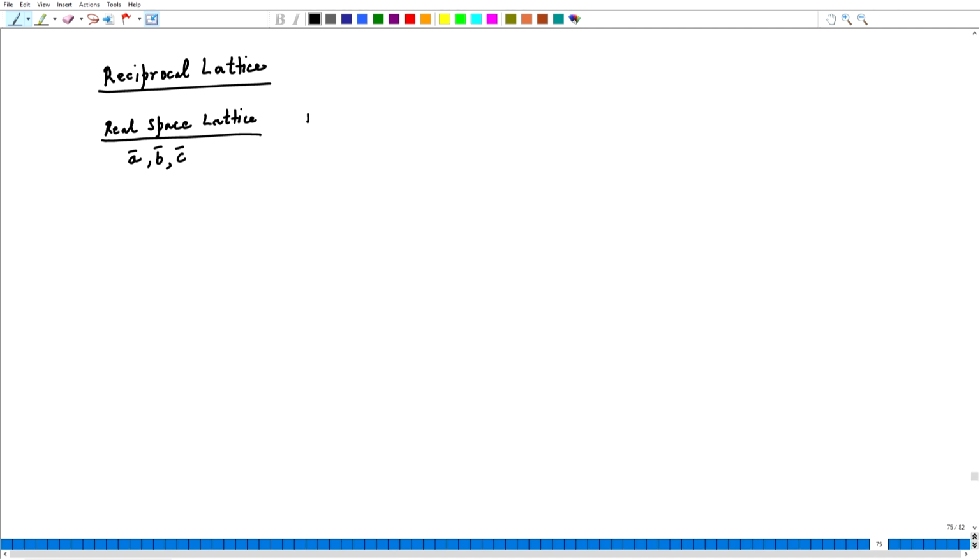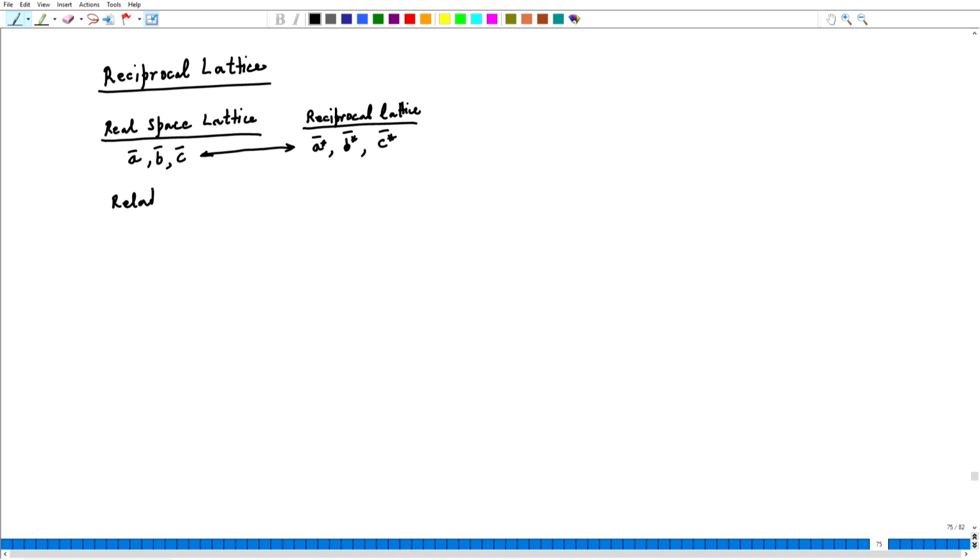And then I have the reciprocal lattice, which is defined by another set of 3 vectors called A star, B star and C star. And let us examine what is the relationship between these vectors A, B, C and A star, B star, C star.